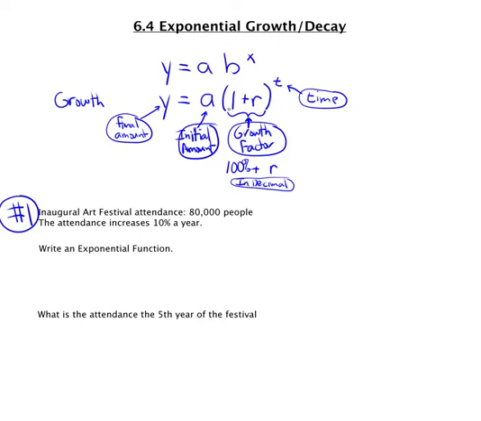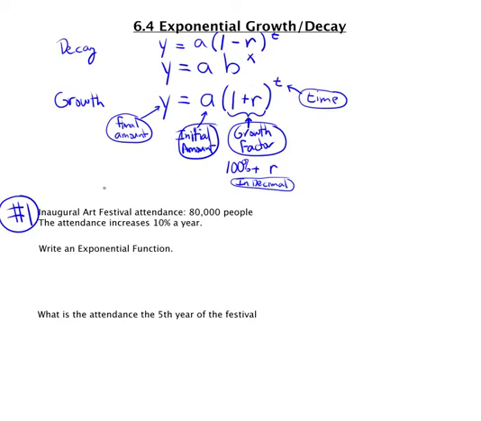Now, when we look at decay, the equation is very similar in that it's a to the t power, this multiplier, but it's the 100% minus r, because to get a decay you have to subtract your rate of percent from the 100%.